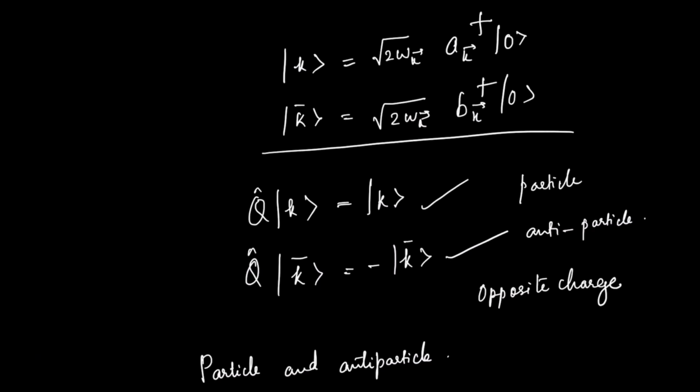Therefore, we can show that in any relativistic quantum field theory, each particle has an antiparticle. In the case of a real scalar field, you have only one type of particle, and the antiparticle is itself. The properties of particles and antiparticles are almost the same, except that they have opposite charge.